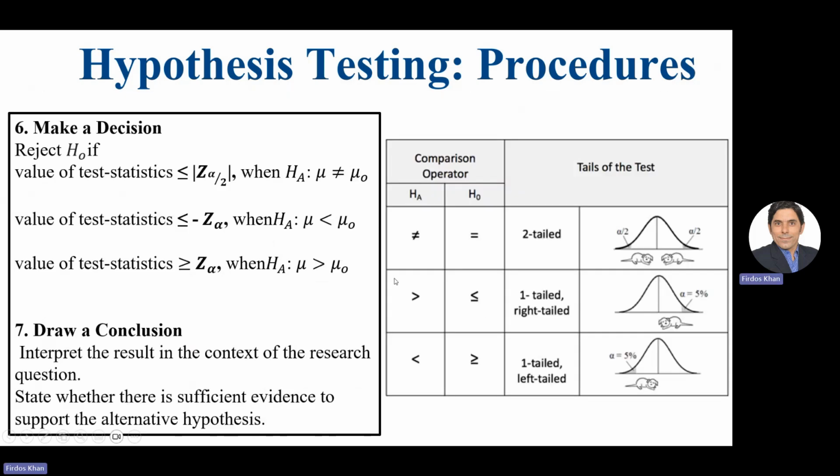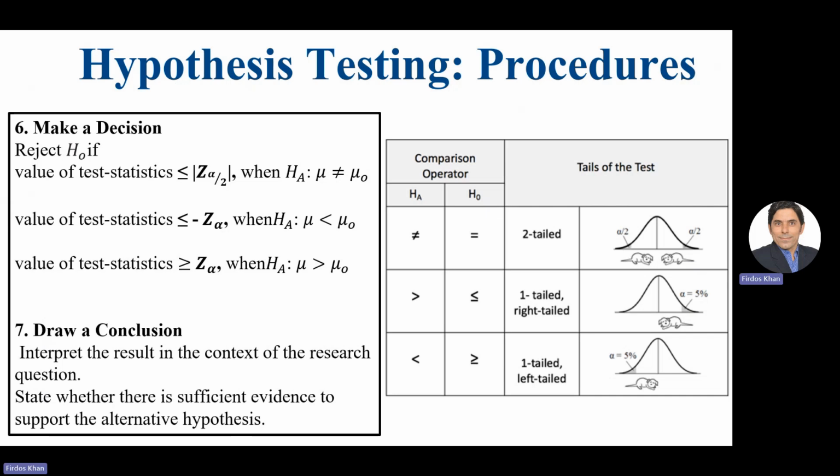Now you compare the calculated value with this point. If it is greater than or equal to this value, you reject the null hypothesis and accept the alternative hypothesis. And if it lies in this region, you accept the null hypothesis. So that's simple.